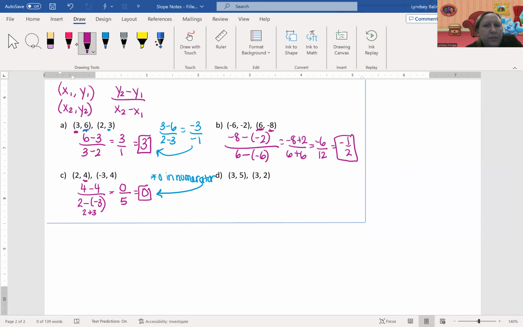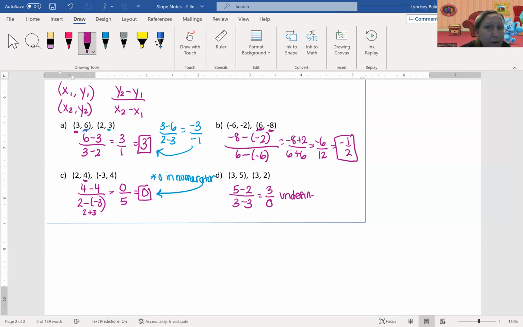And then for this one, subtract your y's on top, subtract your x's on the bottom. We get 5 minus 2 over 3 minus 3. It equals 3 over 0. And this is a big no-no in math. You cannot take a number and divide it by 0. You can't have 0 in the denominator of a fraction. And when you have 0 in the denominator of the fraction, that's actually called undefined.